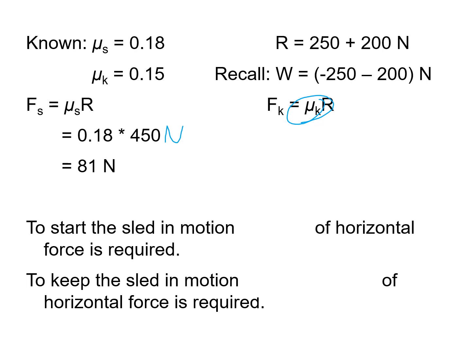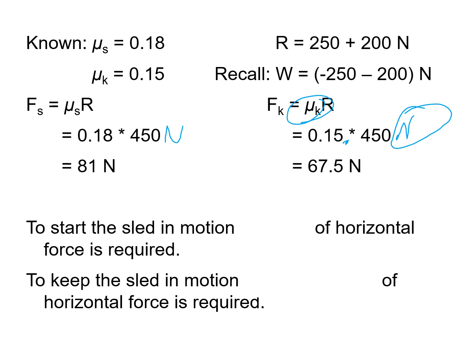And our normal perpendicular force is still 450 newtons. So when we multiply 0.15 times 450 newtons, once again, the coefficient is unitless, so we keep the newtons. So we need 67.5 newtons to keep the sled moving.